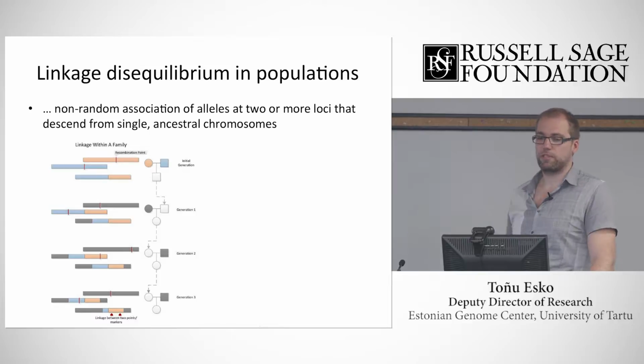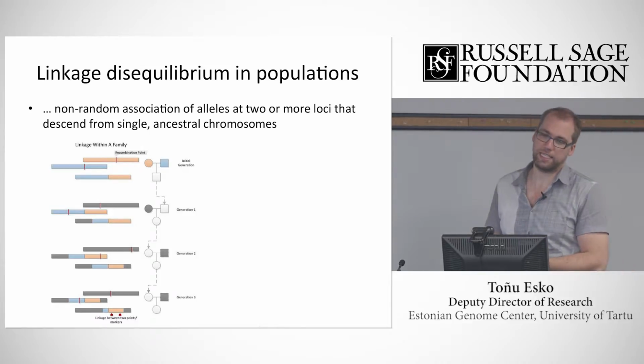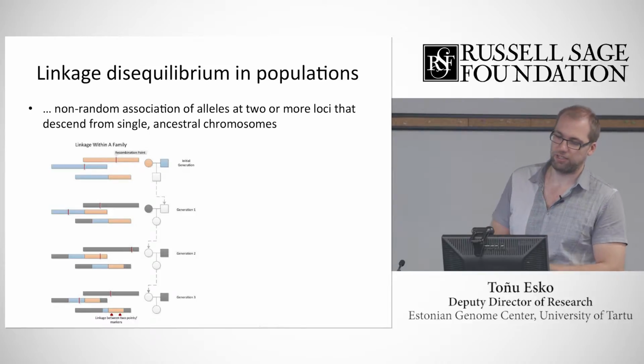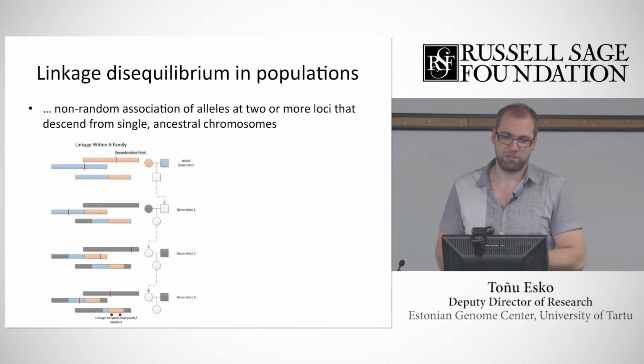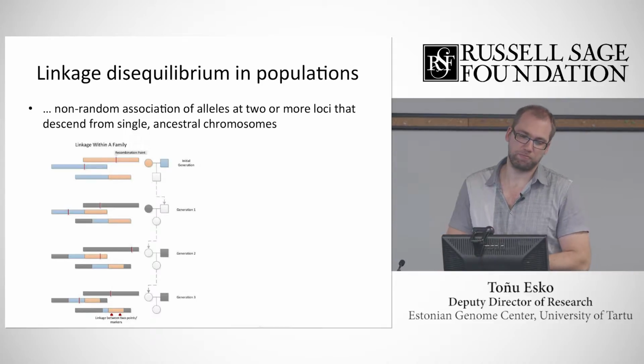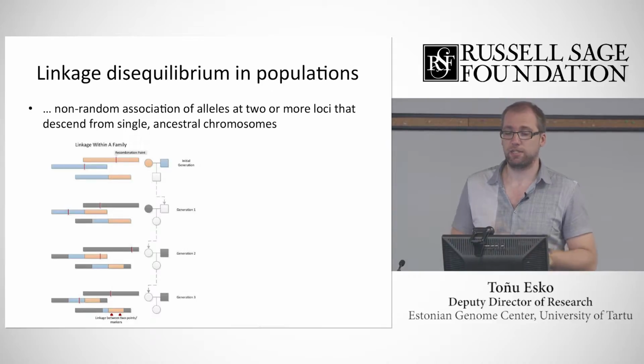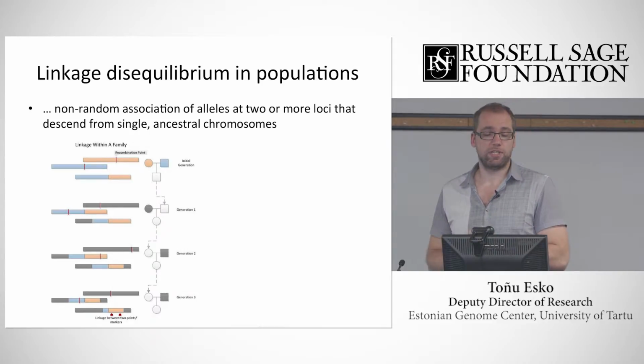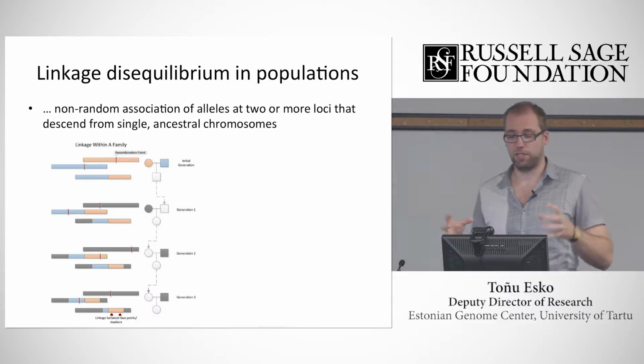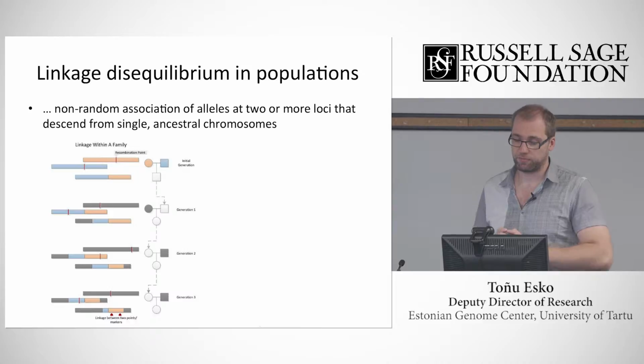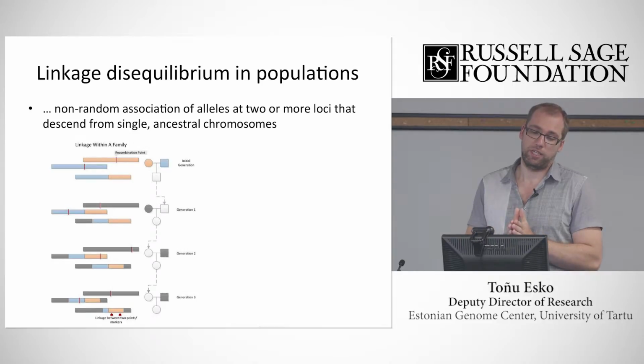Then I think another aspect we have to spend some time on, because there is some confusion, is called linkage disequilibrium, and this comes from Mendel's laws and how the alleles and loci are linked in the chromosome.